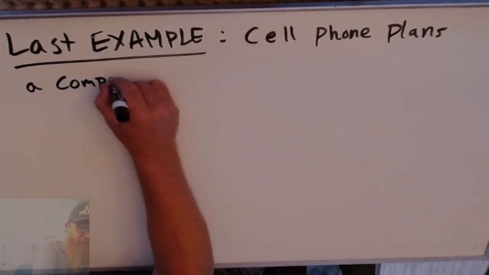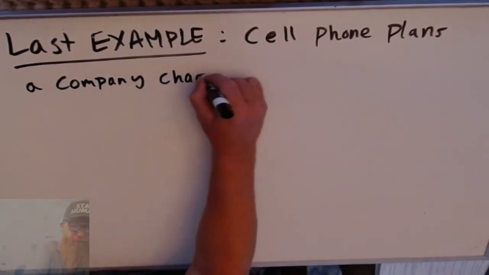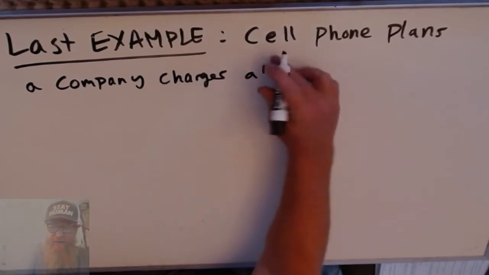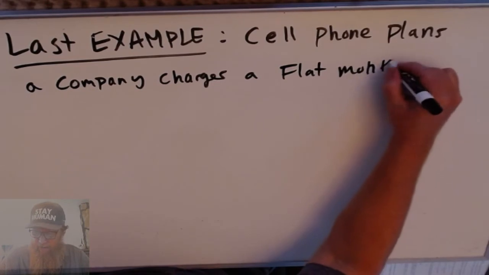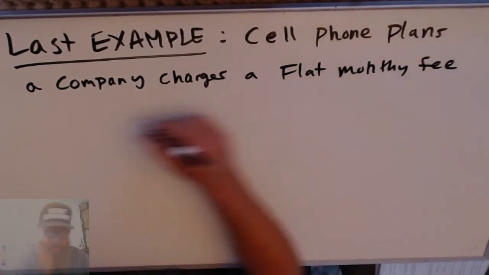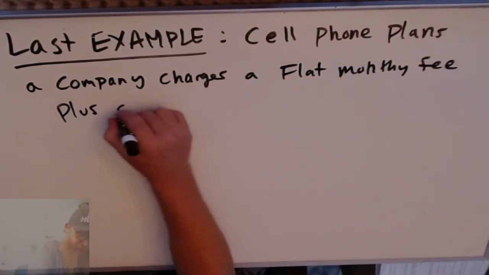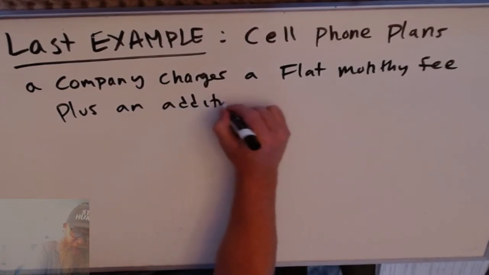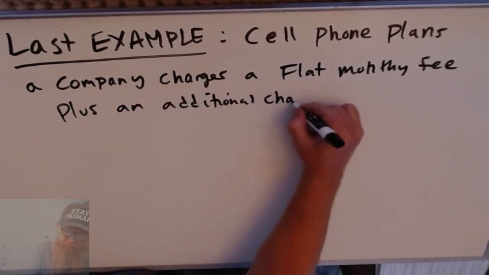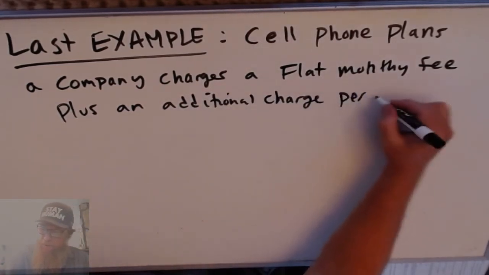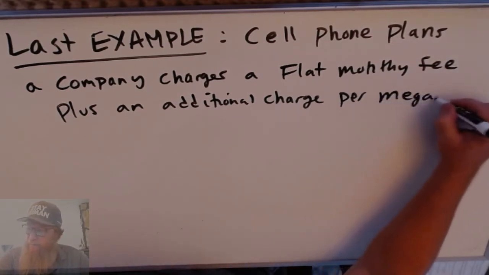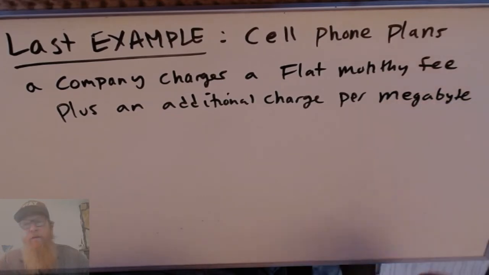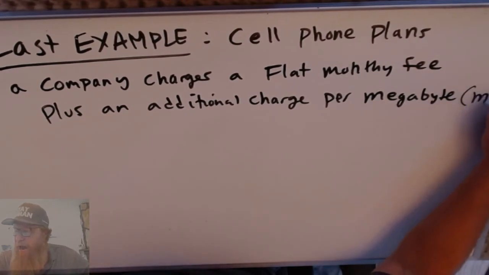So a company charges a flat monthly fee plus an additional charge per megabyte, which I'm going to use the letter M for.